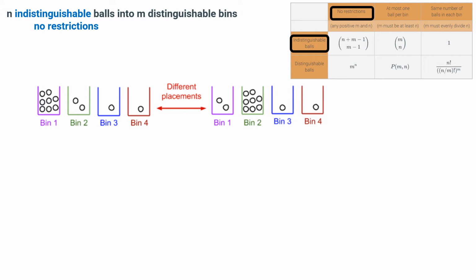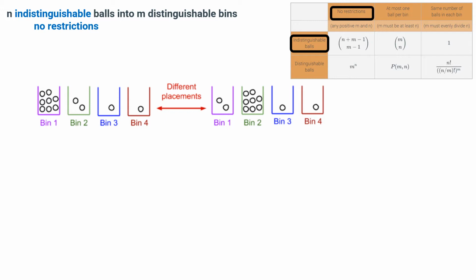So in a case like this, if I just switch the number of balls in bins 1 and 2, we would still consider those different placements, because we consider the bins themselves distinguishable.